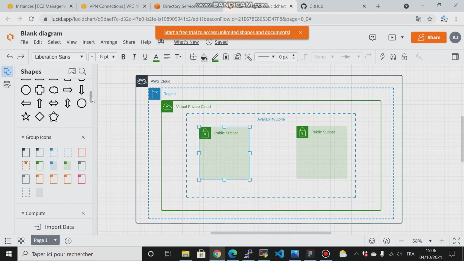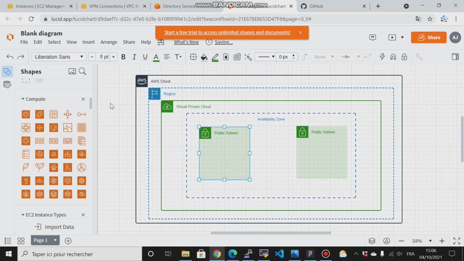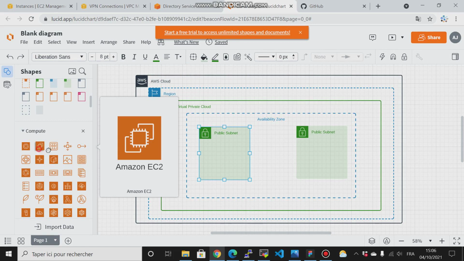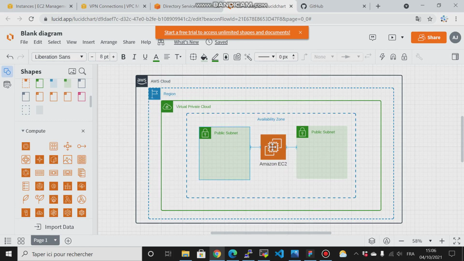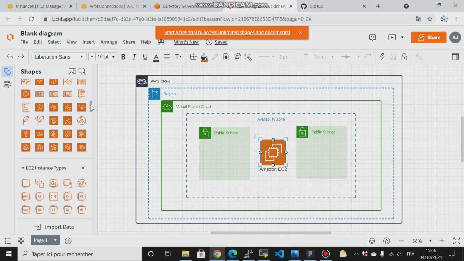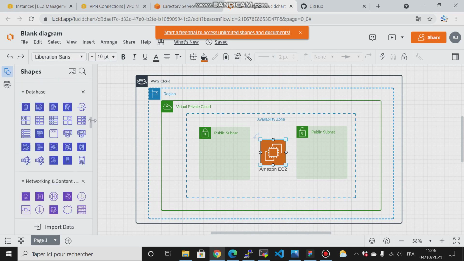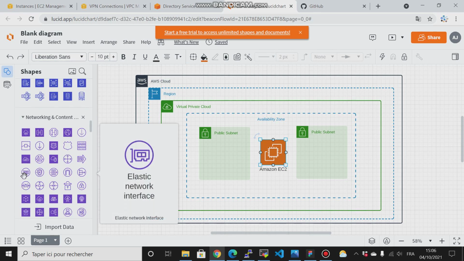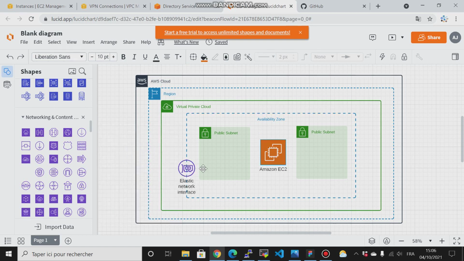Then scroll down here and look for an instance. It does not matter what it is, but compute an instance right here. So once you launch an instance, a network interface comes with it. So let me scroll down here and look for, yes, this one, Elastic Network Interface comes with it.